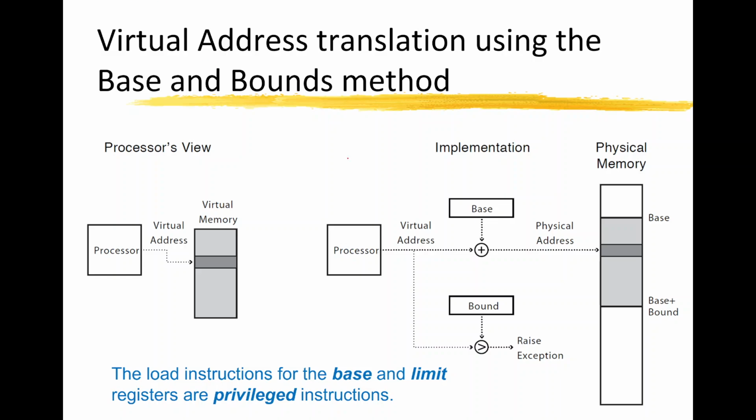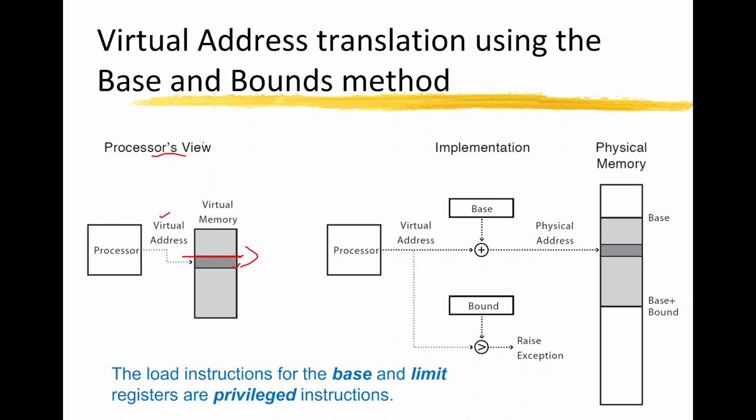Virtual address translation using the base and bounds method. Now you have the processor's view here, where the processor requests a virtual address from memory. So that is how it has the limit and the base; it starts from here and ends here.